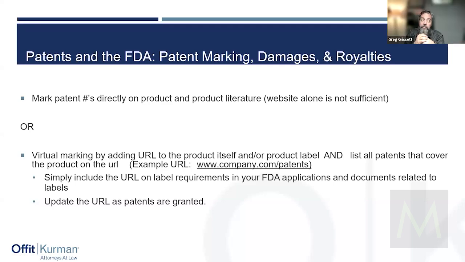Not necessarily. Well, usually before the regulatory documents are filed. Okay. So whenever the package is submitted that will define what the label is, I would have patent counsel review that to make sure that at least you have some patent marking URL on there.